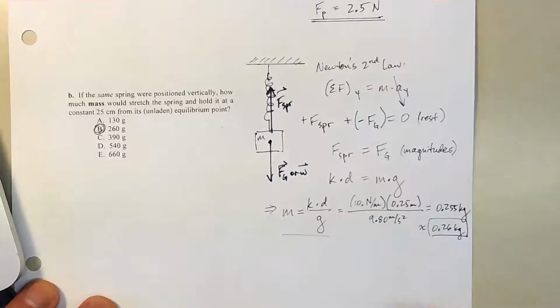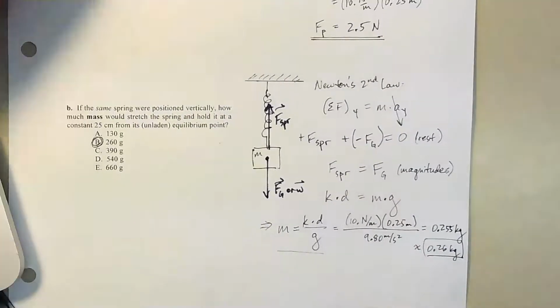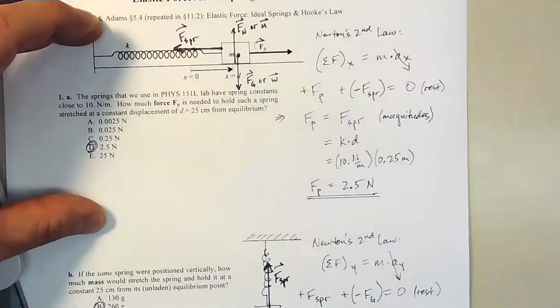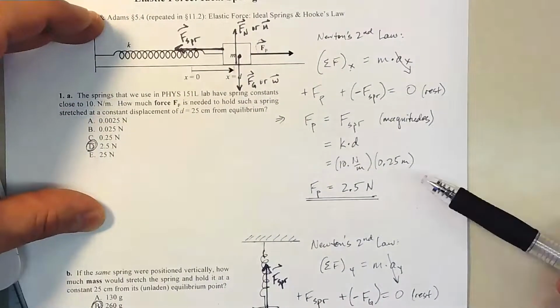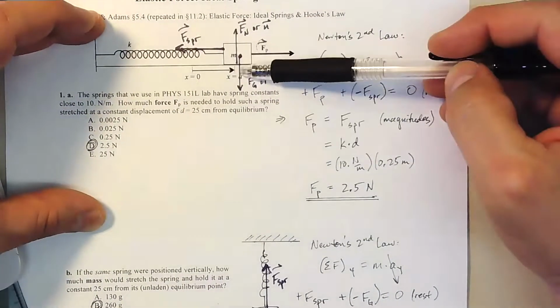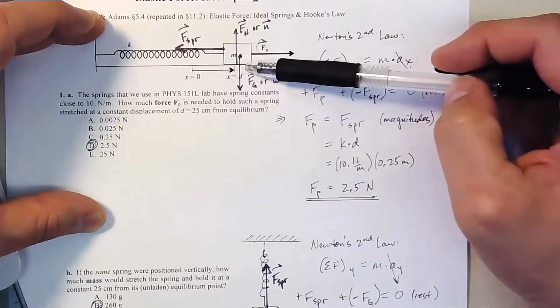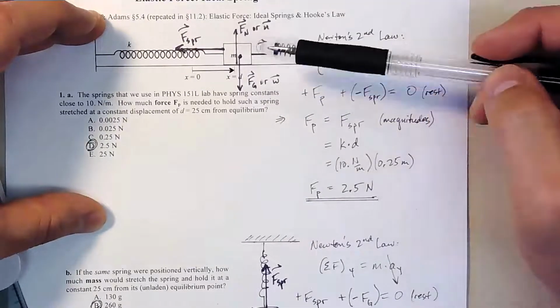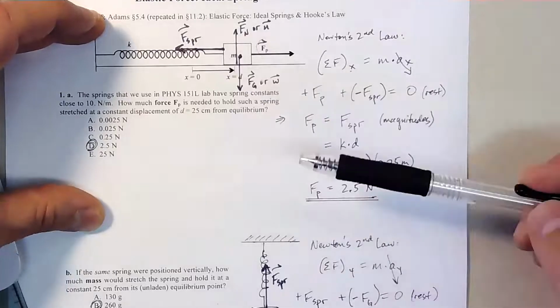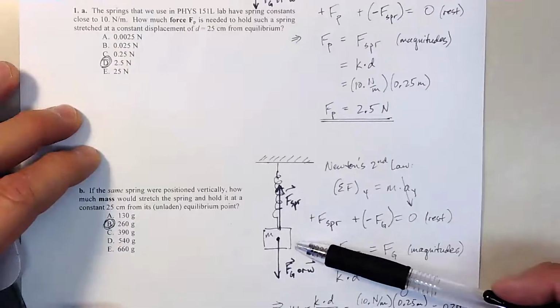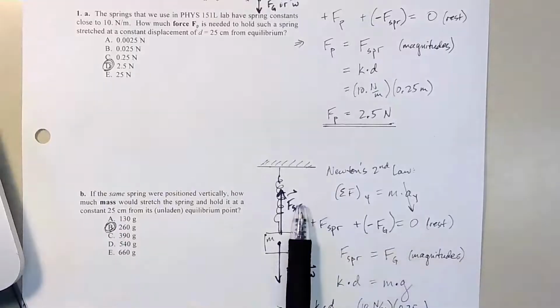All right, so we've seen a spring example here where, in 1A, we have a spring in a horizontal position where the weight of any object that's attached to it is irrelevant and is simply counteracted by the frictionless surface down here that's under the mass. Whereas when we hang a spring vertically, there is no normal force because this mass is free.